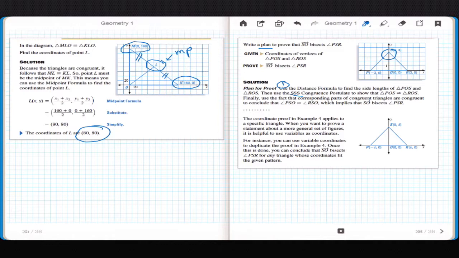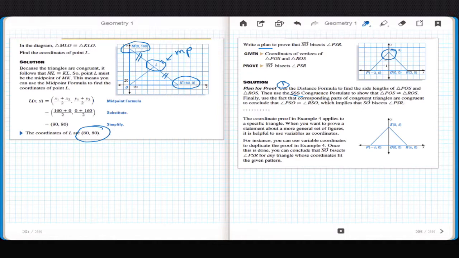Finally, use the fact that corresponding parts of congruent triangles are congruent. So that means that angle PSO and angle RSO are congruent because the triangles are congruent. That implies that ray SO bisects PSR.